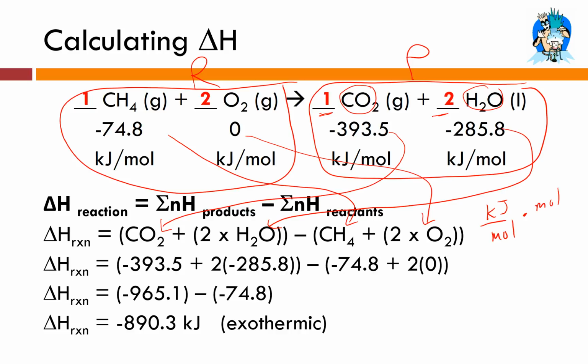But if you can really follow this procedure, you can solve really any delta H problem that I throw at you. And there are a couple other things that we're going to solve for this unit that can be calculated the same way. Products minus reactants, where you take the coefficient, or the number of moles of each substance, you multiply it by, in this case, the heat of formation value, and you take products minus reactants. That's it.